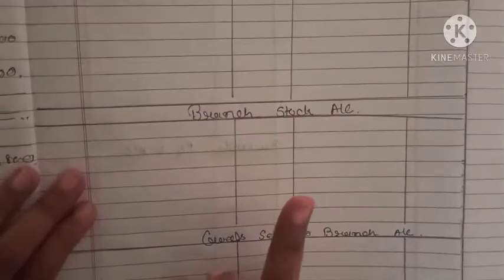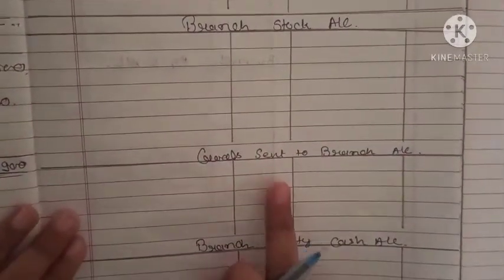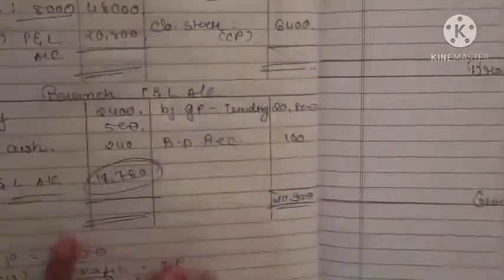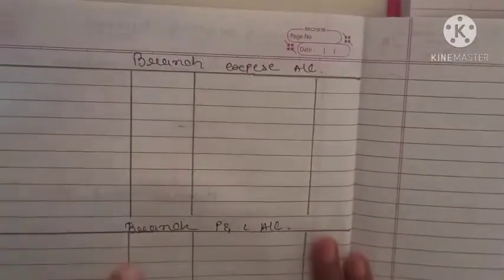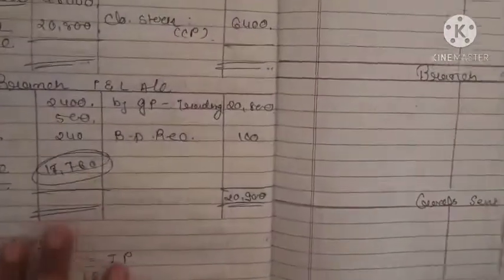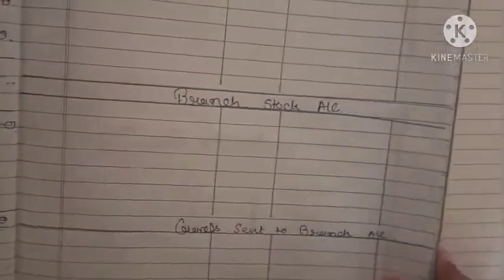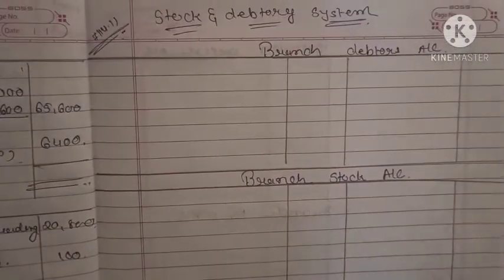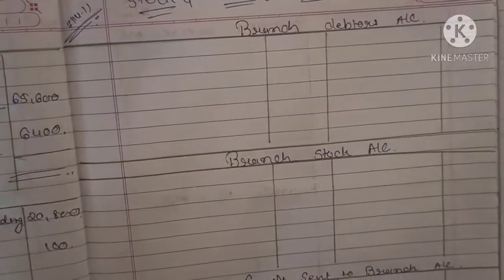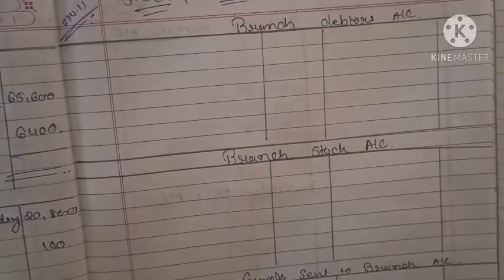Branch debtors account, stock account, goods sent to the branch account, petty cash account, branch expense and branch P&L. Let's start the calculation. Point number 1, petty cash opening and closing.